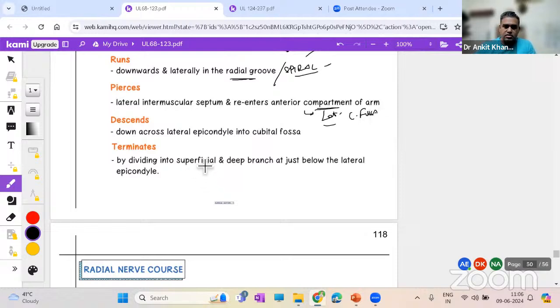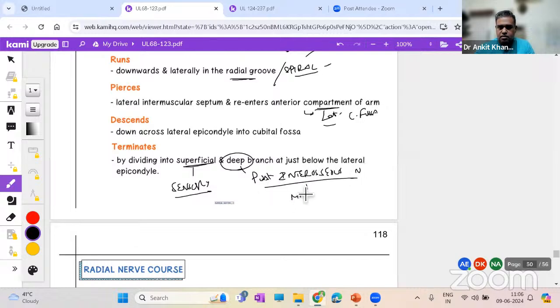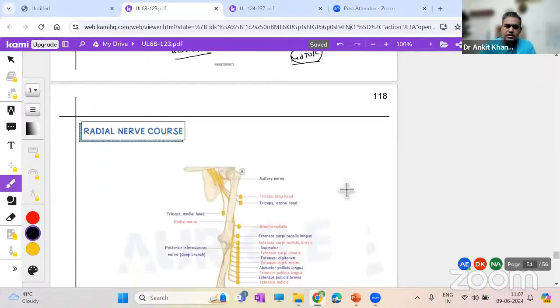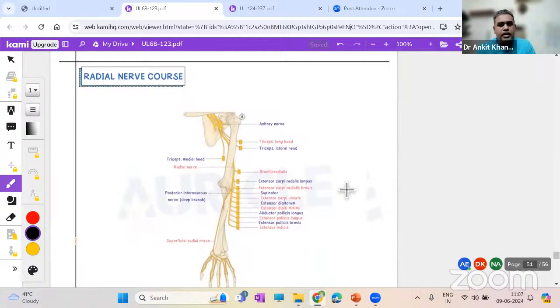Then it divides into a superficial branch, which is mainly sensory, and a deep branch, also known as the posterior interosseous nerve, which is basically motor. So it is supplying the muscles, and the superficial nerve is basically sensory. It ends there, dividing into these two branches.